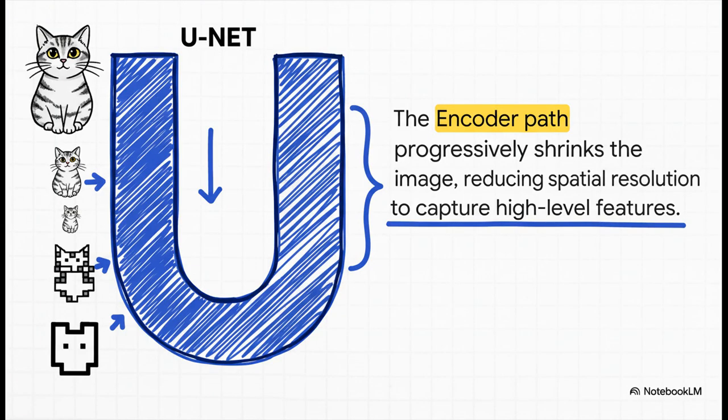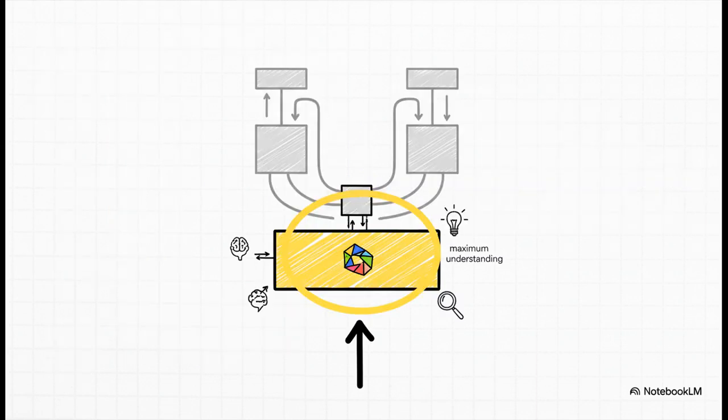So the journey through the UNET starts by going down the left side. This is called the encoder, and it acts just like one of those traditional networks we just talked about. It squishes the image down, making it smaller and smaller, but getting smarter and smarter about the high-level ideas, the what in the picture. Then we get to the very bottom of the U. This is the bottleneck. At this point, the image is as small and abstract as it's going to get.